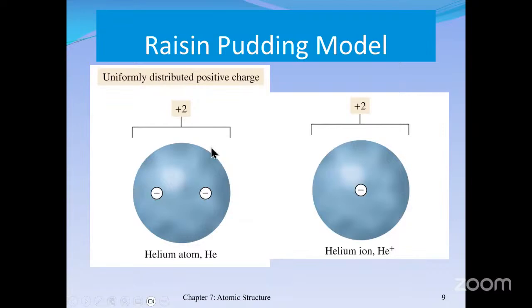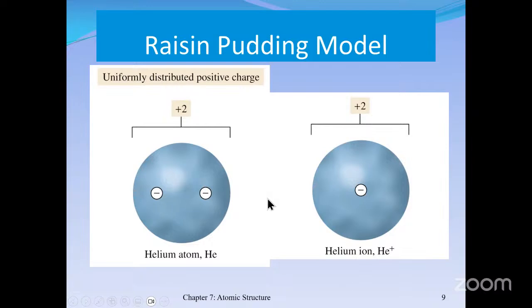The two electrons embedded in the large sphere, which is positively charged, and the charge of this sphere would be equal in magnitude, opposite in charge, to the total number of electrons present.